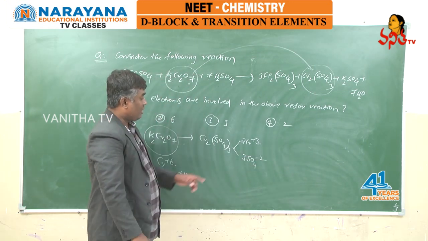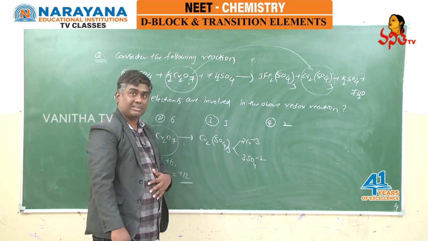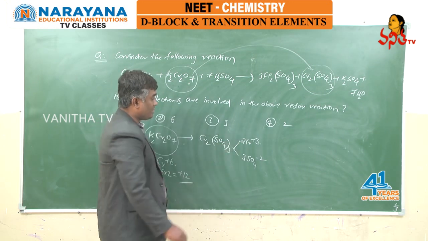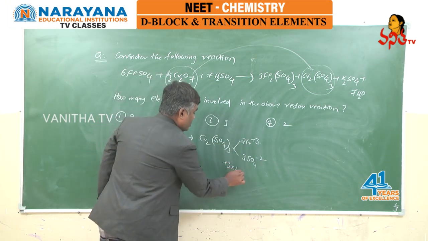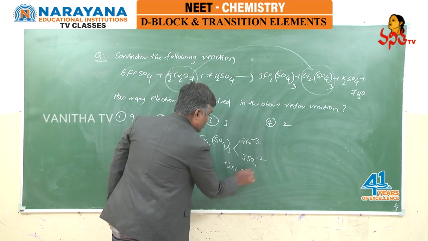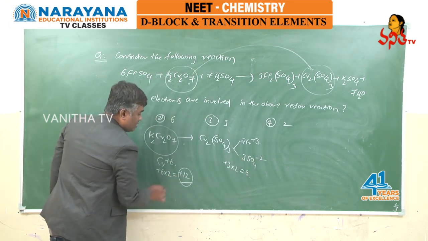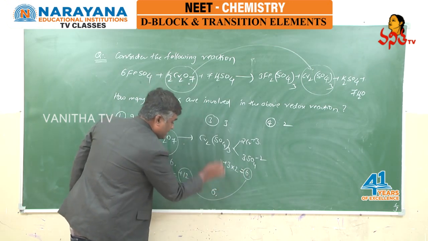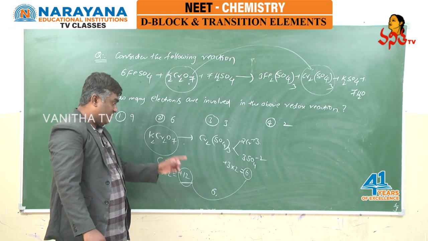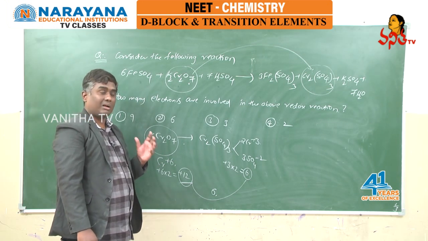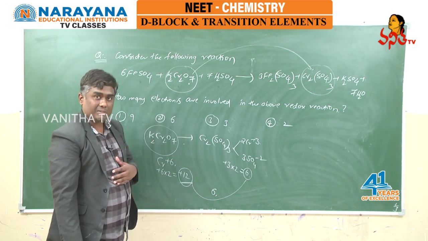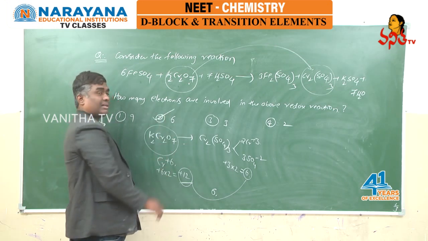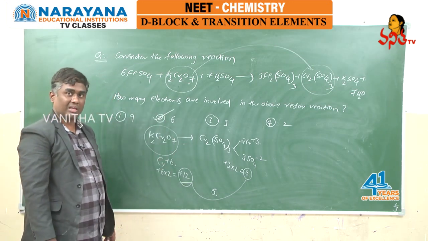So on the product side chromium exhibits +3 oxidation state, and 2 such chromiums give +3 into 2, which is +6. Here +12 becomes +6, so the change in oxidation number is 6. As the change in oxidation number is 6, we can conclude that 6 electrons participate in the reaction.